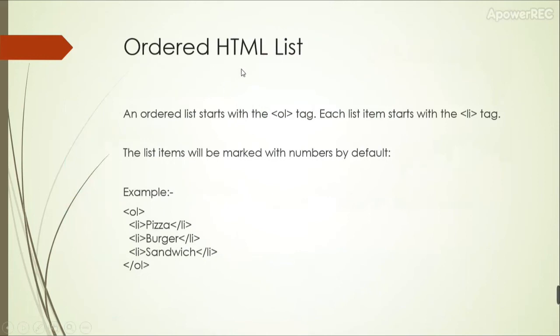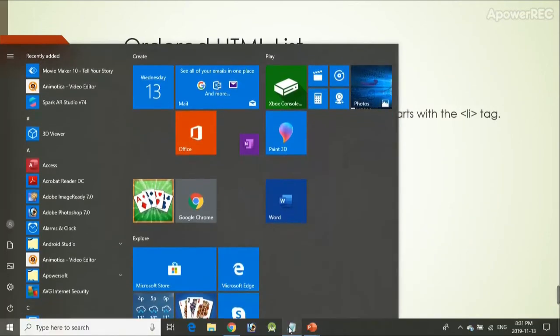Next one is ordered list. In ordered list, start with OL tag. Same like UL, we will use li in each list item starts with. Just we need to change OL instead of UL.